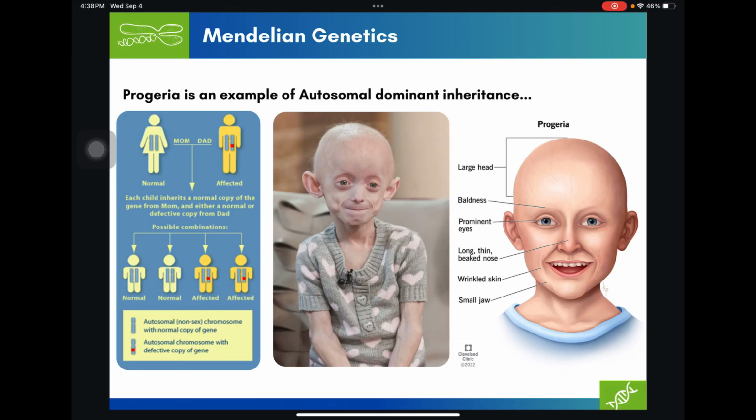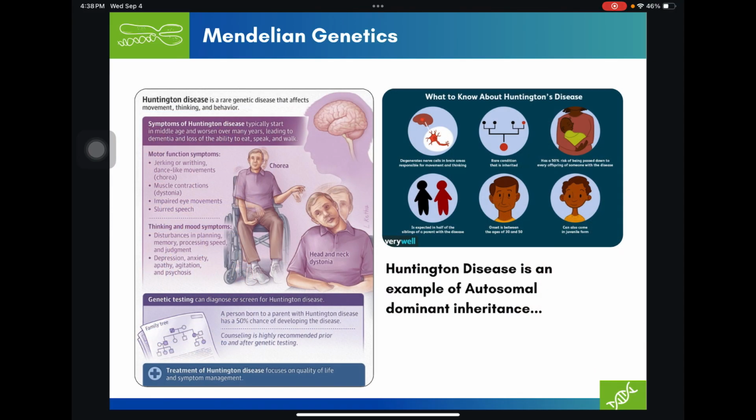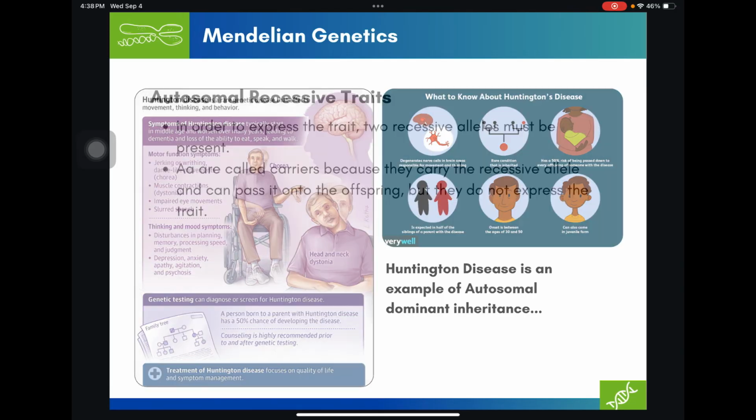A patient with progeria has a shorter lifespan. In fact, the oldest patient with progeria was 20 years old. Huntington disease is also an example of autosomal dominant inheritance.